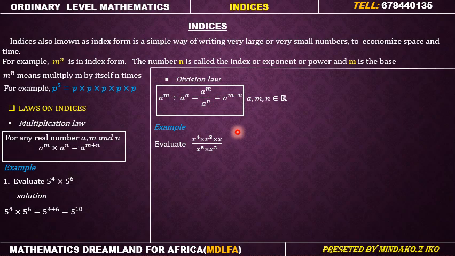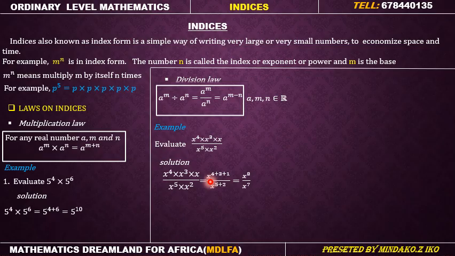So let's look at this example: x power 4 multiplied by x power 3 multiplied by x power 1, divided by x power 5 times x power 2. Let's look at the solution.